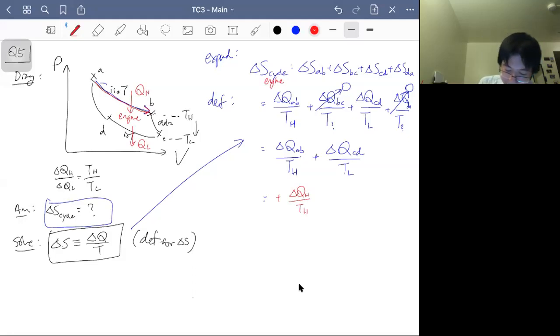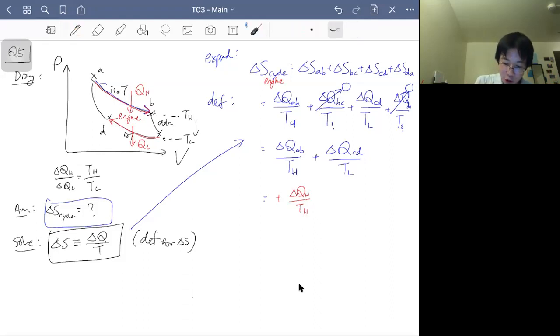Then in the second part, you're going from C to D, and the volume is decreasing. You're squeezing it, so what happens to the heat? Remember, this is isothermal, so you're not allowing the temperature to drop. If you squeeze a gas, it's going to heat up. But if you need to keep the temperature constant, the only solution is to keep extracting the heat. You allow the heat to release from the system.